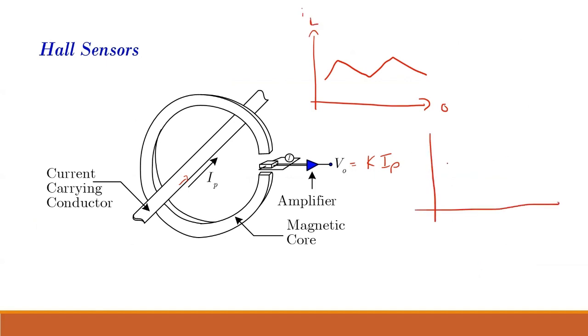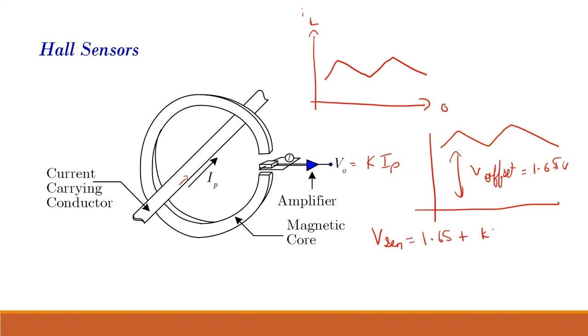My signal will come like this. This is fine, but there will be some additional offset, like 1.65 volt.